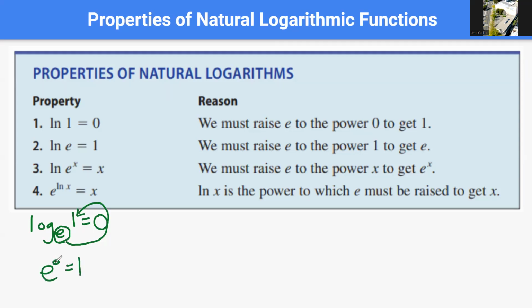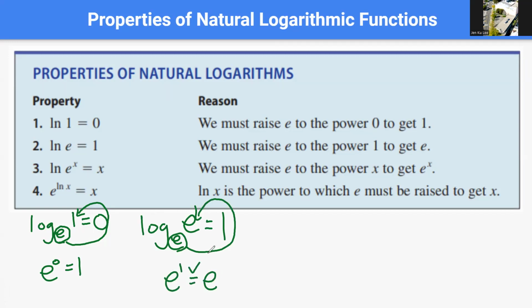Yes, anything to the 0 power equals 1, right? ln of e equals 1. Well, ln of e is log base e of e equals 1. Yes, e to the first power equals e. Correct. Yeah, that's rule number 2.